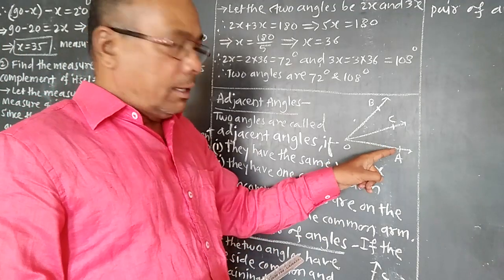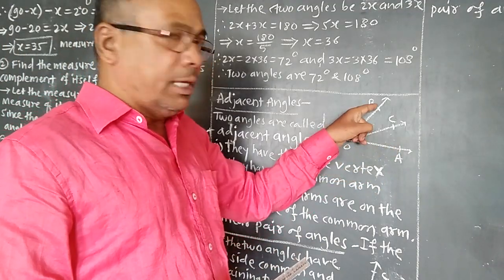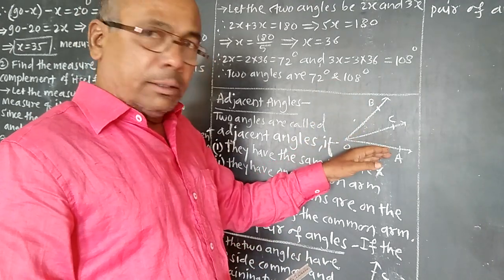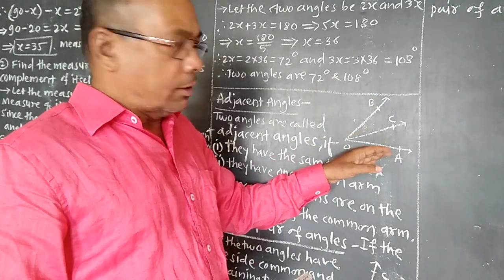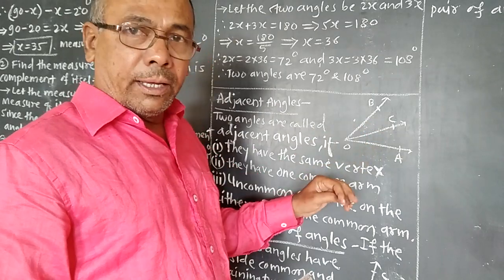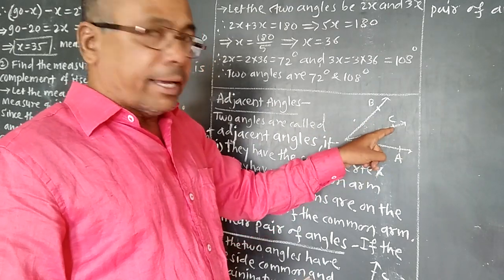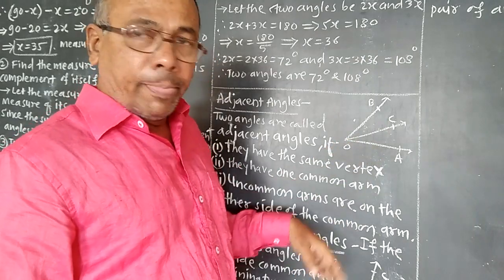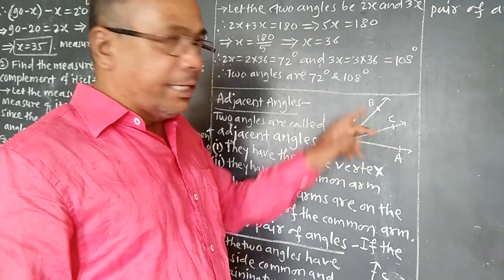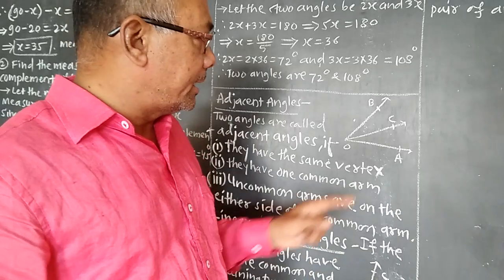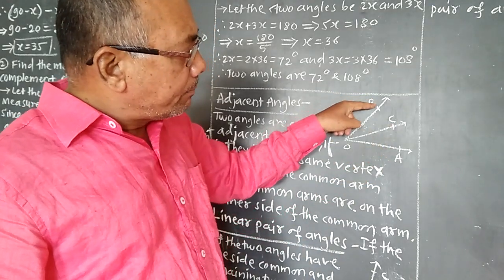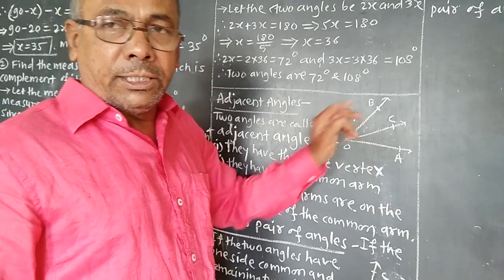So here angle AOB is given, and inside the angle point C is there, and if we join OC, then the angle AOB is divided into two angles, that is angle AOC as well as angle BOC.